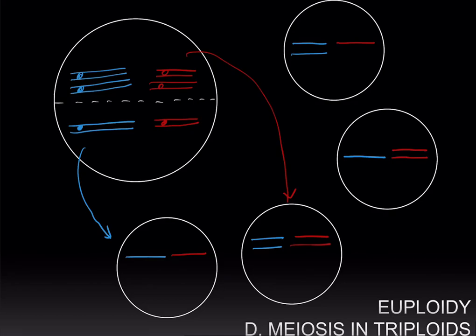Now, it's quite unlikely to get such gametes that are haploid for both the chromosomes. To see that, first we note that 50% of the gametes will be diploid for a given chromosome, and 50% will be haploid.